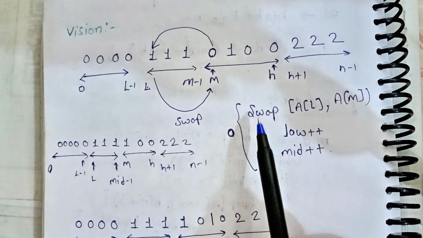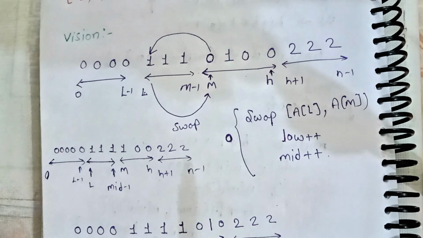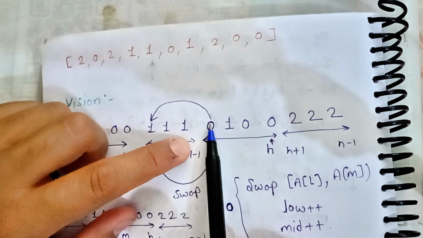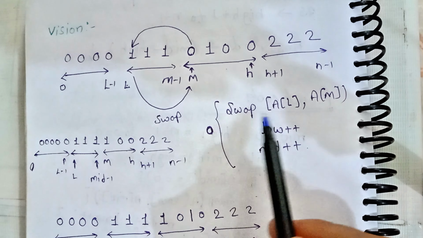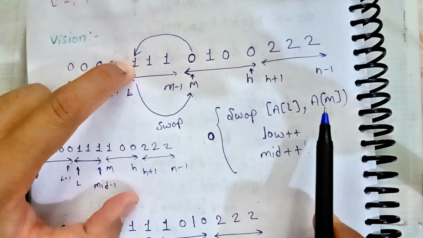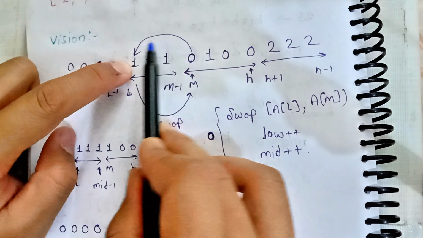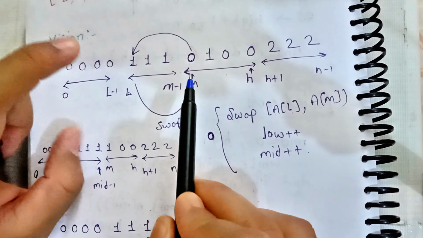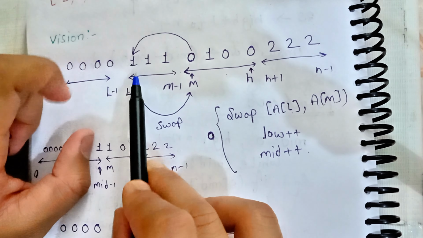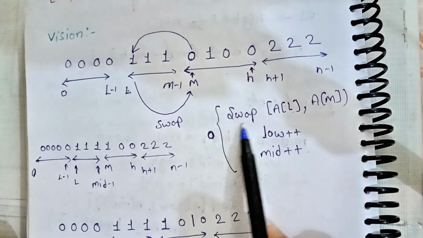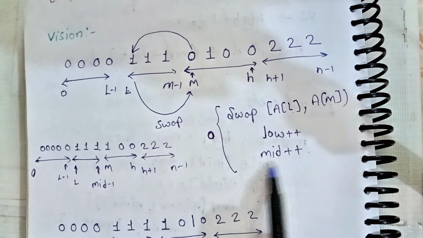For zeros, we swap if mid equals 0. Here the value at mid is 0, so we swap a of low with a of mid. Basically 0 comes here and 1 goes there, which is written over here.